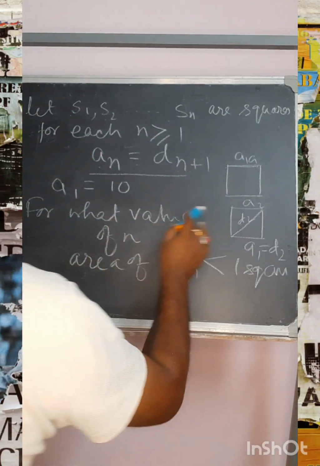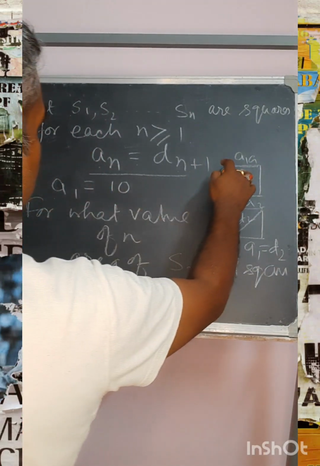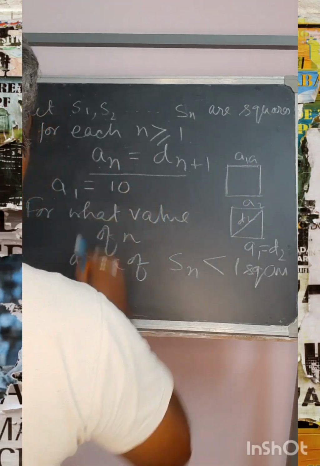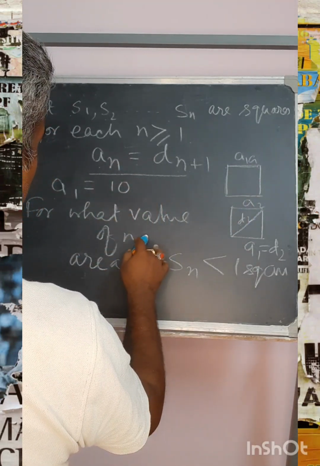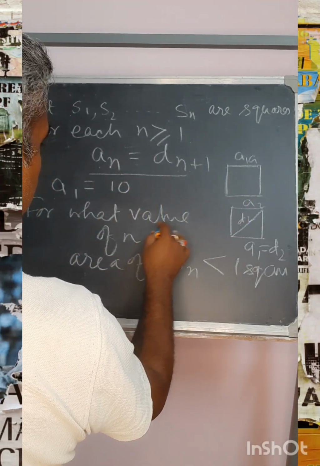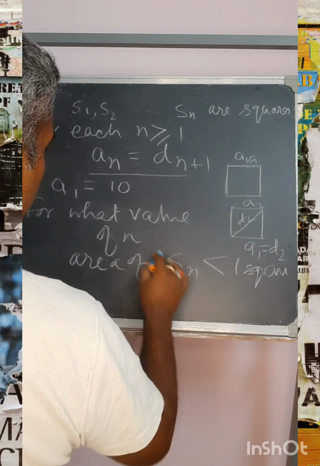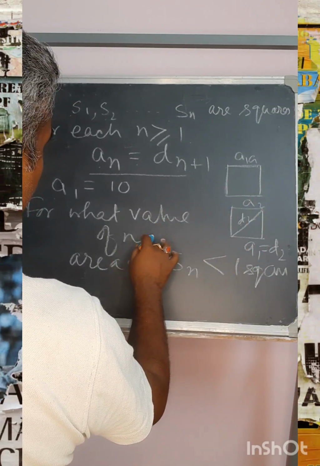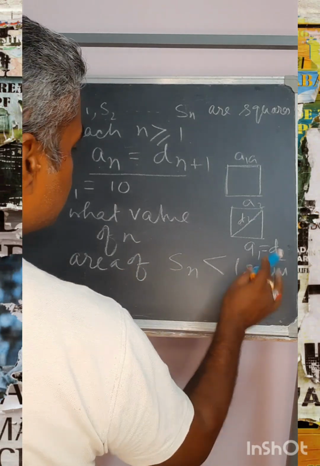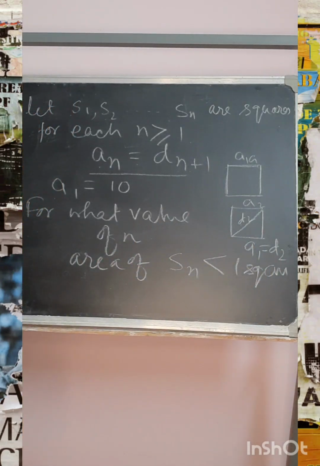Another thing given is that the first square's arm length is 10. You have to find for what value of n, which is a real value here, the area of Sn is less than 1 square centimeter.